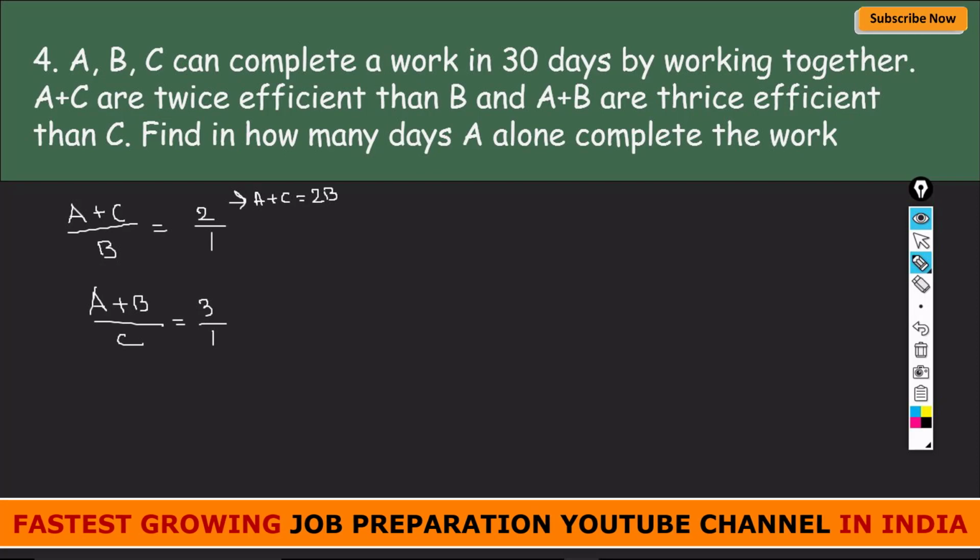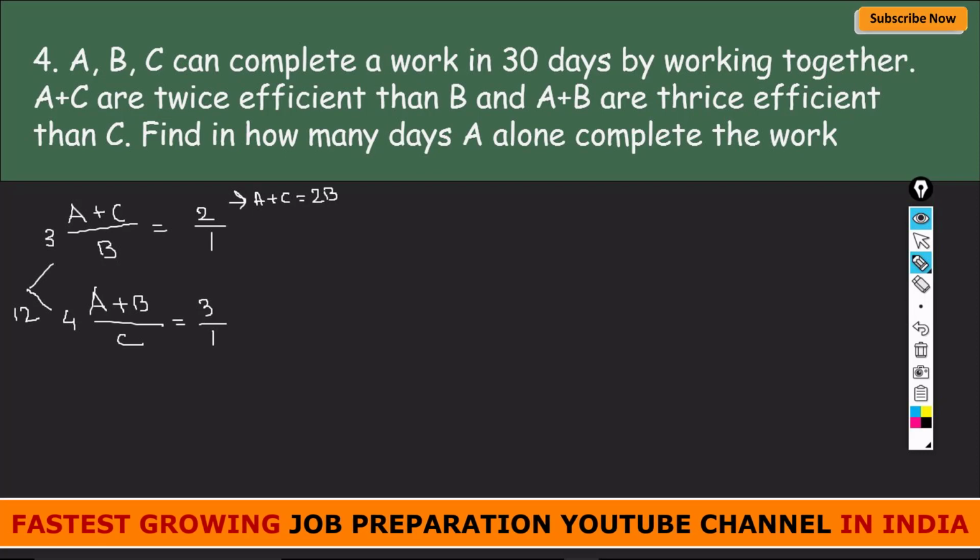One thing to note in these two ratios: A, B, C, so the A plus B plus C efficiency will be the same. So here we get 2 plus 1 is 3, 3 plus 1 is 4. If you take out the LCM, it will give 12.